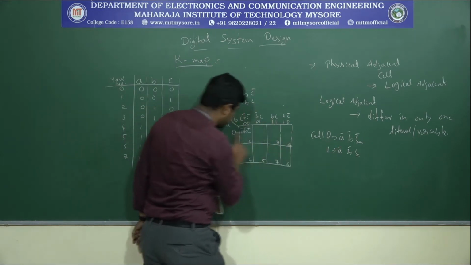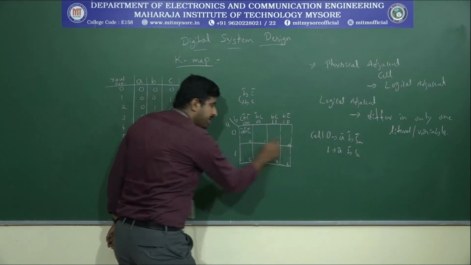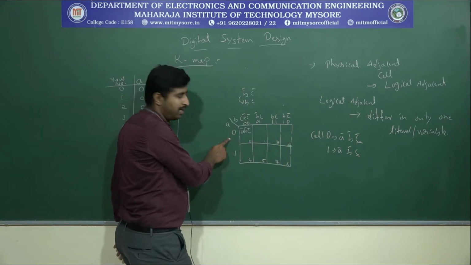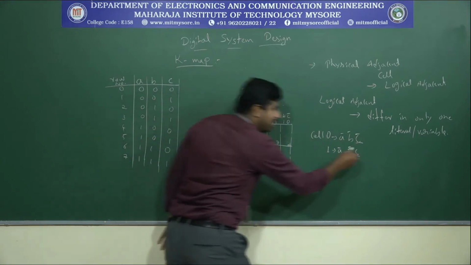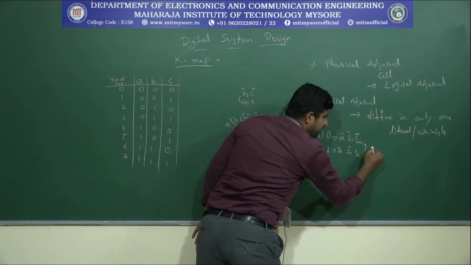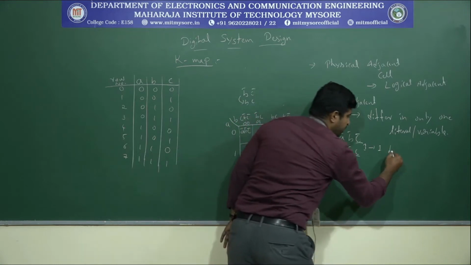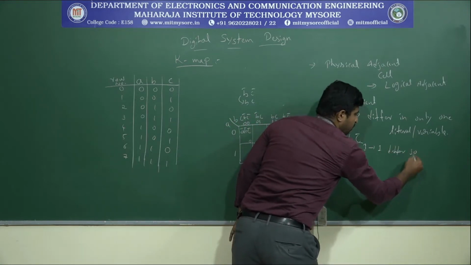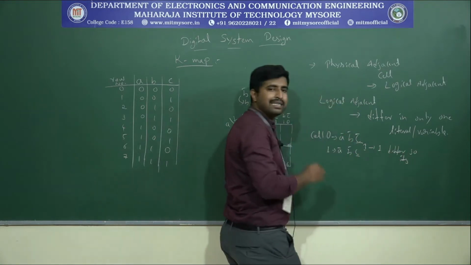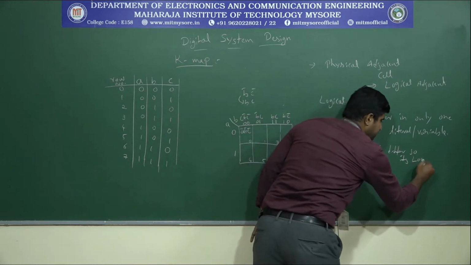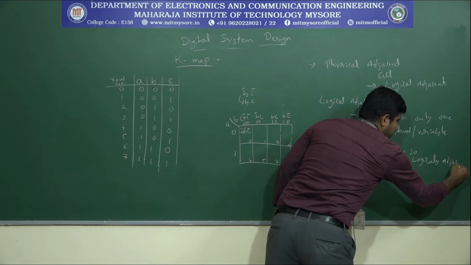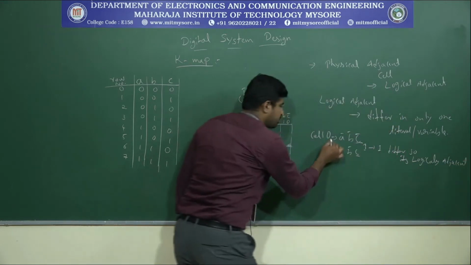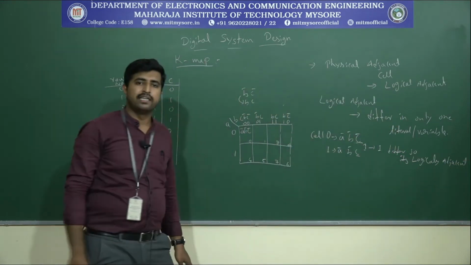A bar is as it is because this entire row corresponds to A bar only. So B bar C bar here, B bar C here. One literal has changed, so only one differs. So it is logically adjacent. That means these two cells are logically adjacent.